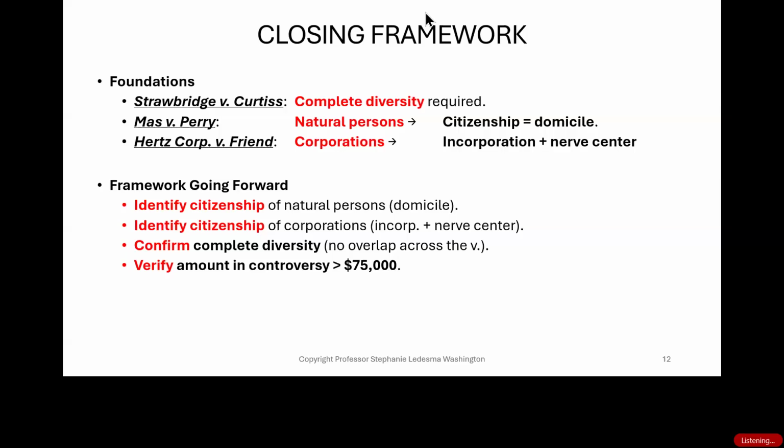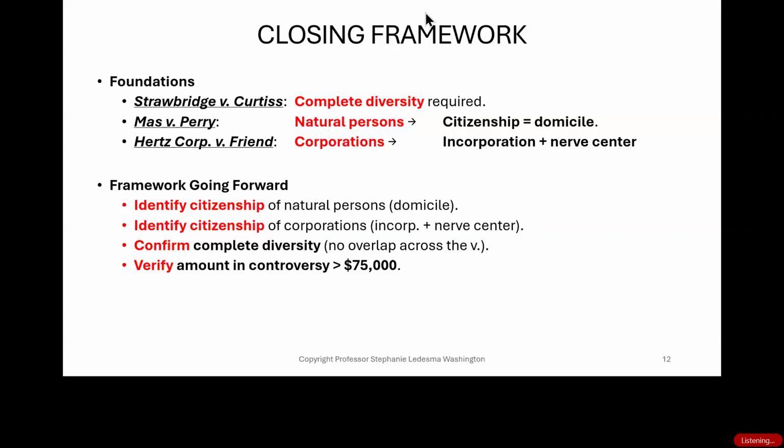We've confirmed that complete diversity is what is required, and we've addressed the amount in controversy. We did that under Moss v.